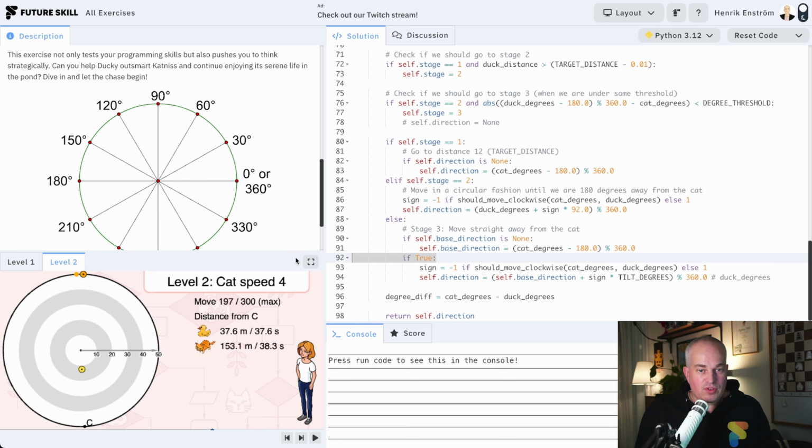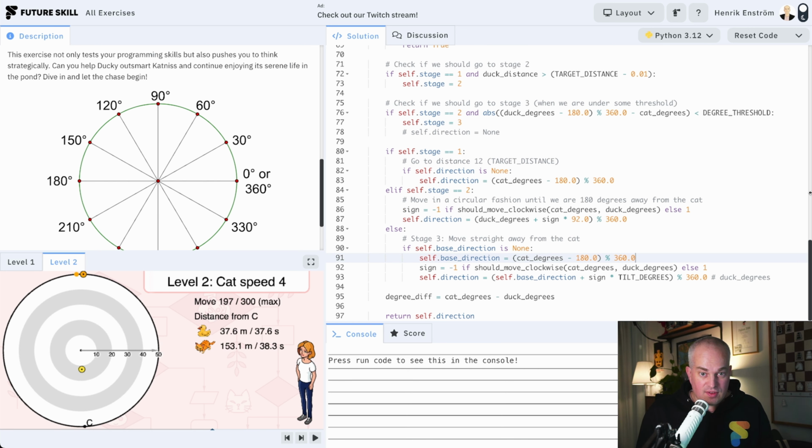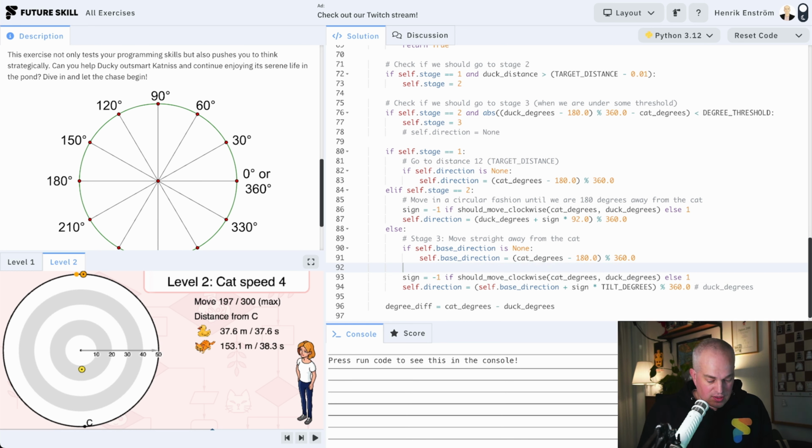And then we have if true, because I changed the code just recently. And then every time we end up in stage 3 here, we're going to check the sign. So basically now we want to apply the tilt. That's what we're doing. Maybe I can write that here.